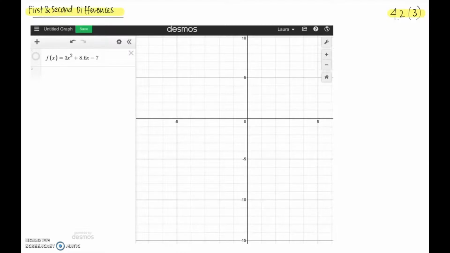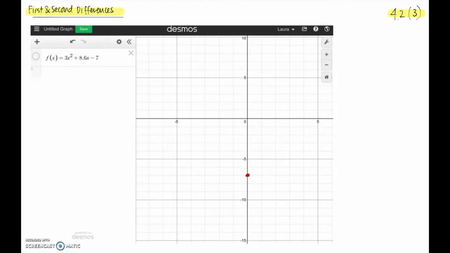This -7 right here tells us that that's the y-intercept. So let's see, -7. The graph is going to hit right here. And then this 8.6, this is the instantaneous rate of change at the y-intercept. So it's kind of like the slope of this function, how it's behaving right there.